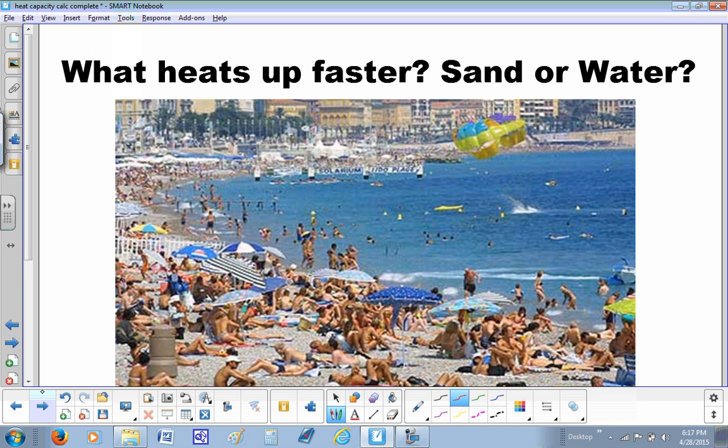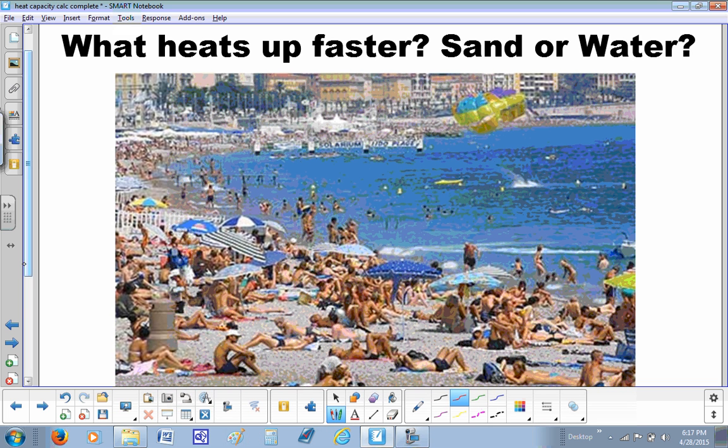There you go. Now, let's look at some practical examples. So here's the question. Which one here heats up faster, the sand or water? And all of you have been at the beach at some point in your life, and you saw that very quickly the sand is incredibly hot. It's a high temperature, yet the water stays cool. Well, when you look at the heat capacity, remember the heat capacity of water is very high.